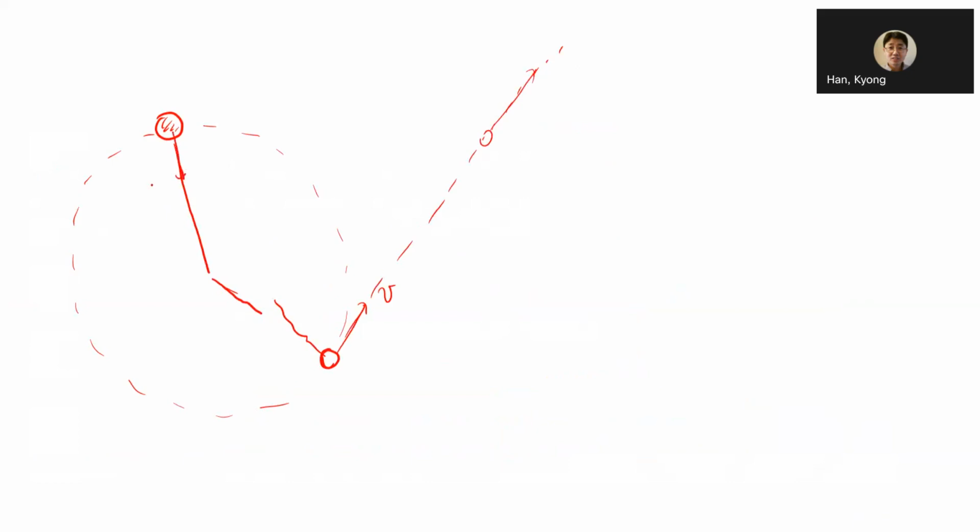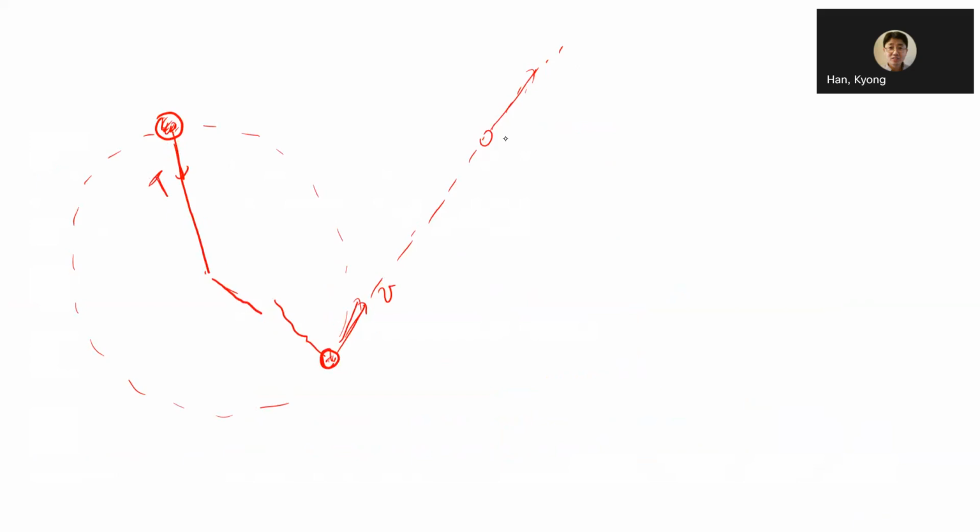Originally the string tension held the stone, but if the tension is gone, there is no force acting on it. Of course, there is a gravitational force, but that is not the concern here. It keeps moving in that direction.